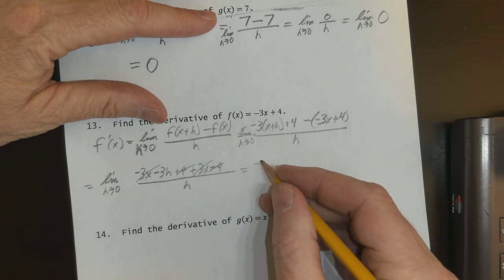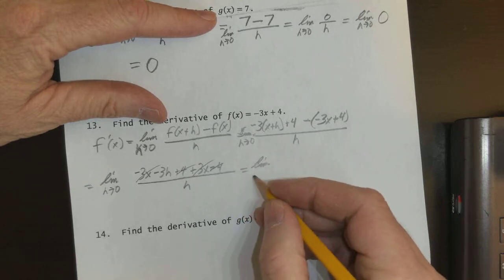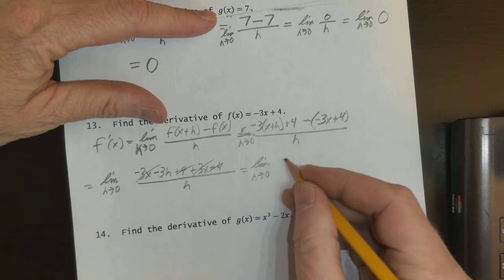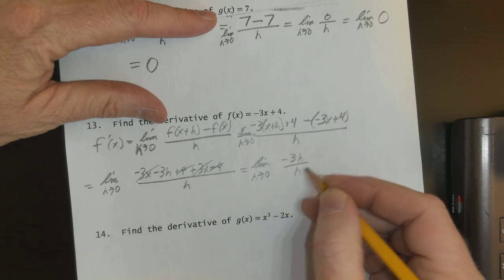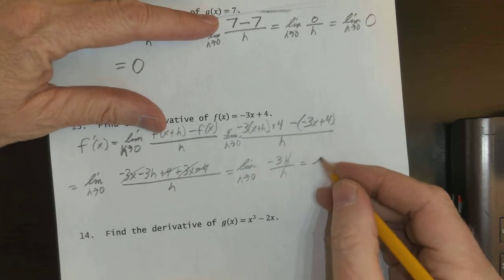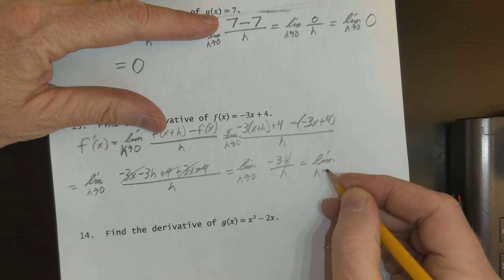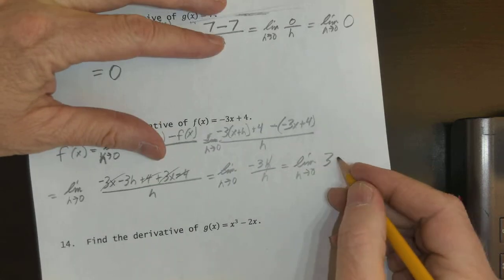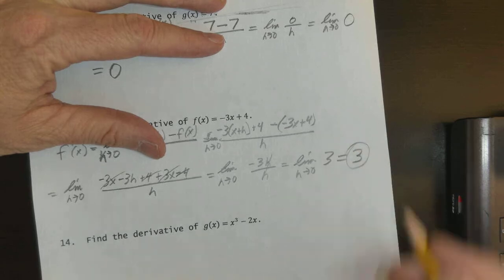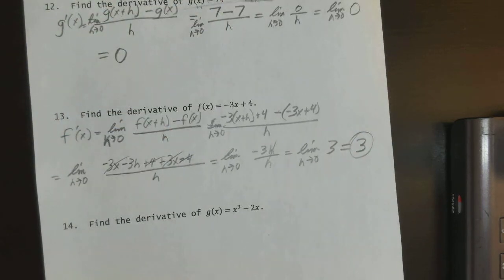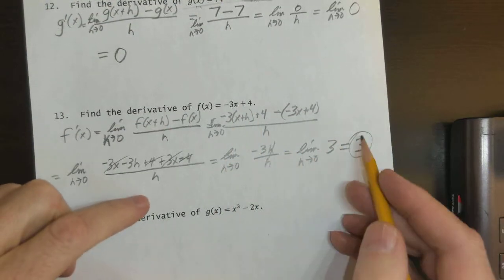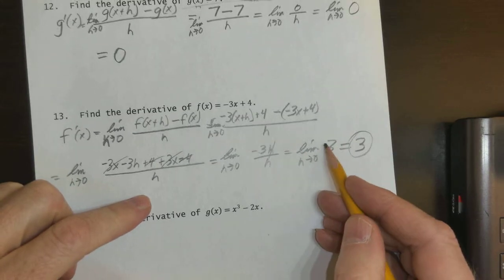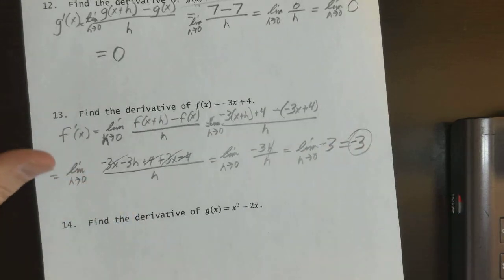Which is the limit as h approaches 0 of negative 3h over h. That cancels out. The limit as h approaches 0 of negative 3 is plain old negative 3. The derivative of this function is negative 3.